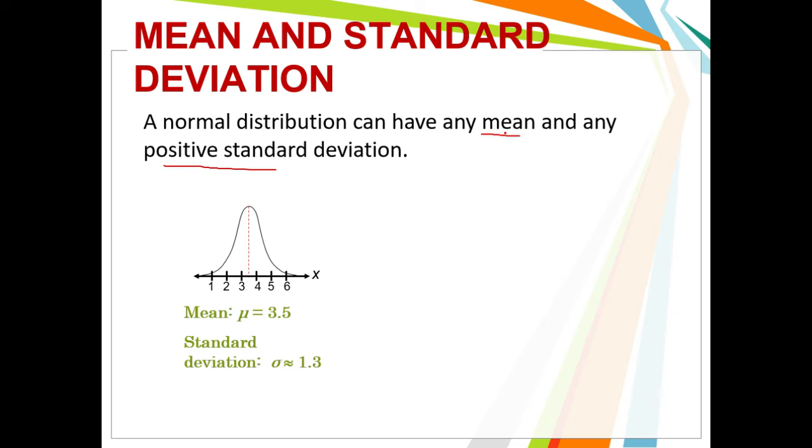For that one, yung kanyang mean is 3.5 because if we look at the line of symmetry, andun siya sa 3.5 na value. Ang kanyang standard deviation is only 1.3. So magkakadikit-dikit yung ating data because maliit lang yung value ng standard deviation.